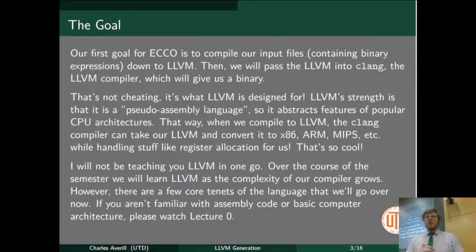So when I restarted last semester, I decided to do an LLVM compiler. This is actually going to be our big turning point from ACWJ, because that's an x86 compiler.